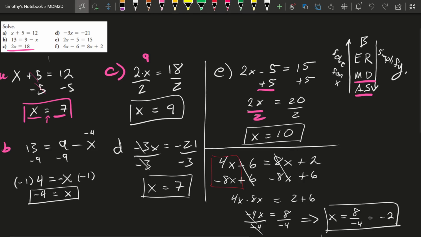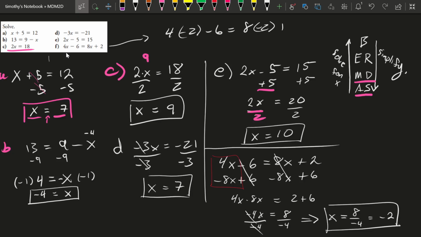And if I again try to see if the negative 2 goes in there, let's check it out. I'll put it up here. It's 4 times negative 2 minus 6 equals 8 times negative 2 plus 2. Let's see if this works out. Here I have negative 8 minus 6, because 4 times negative 2 is negative 8, minus 6, giving me negative 14.